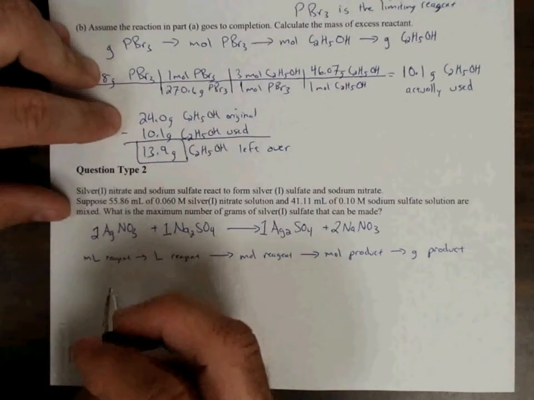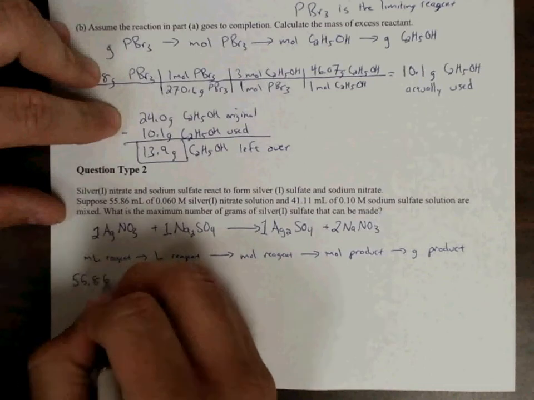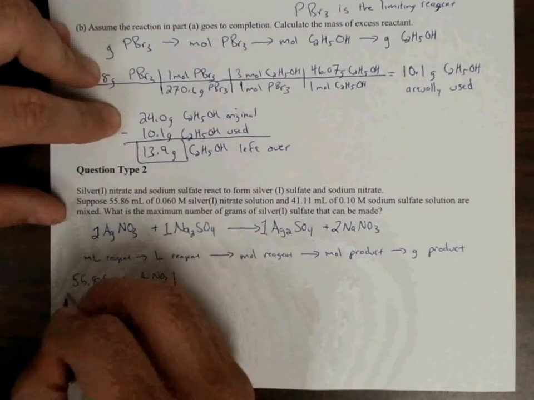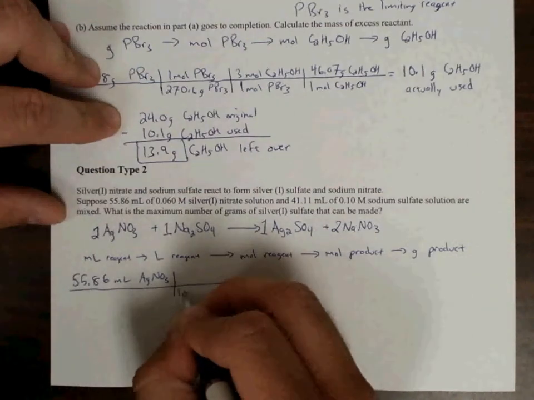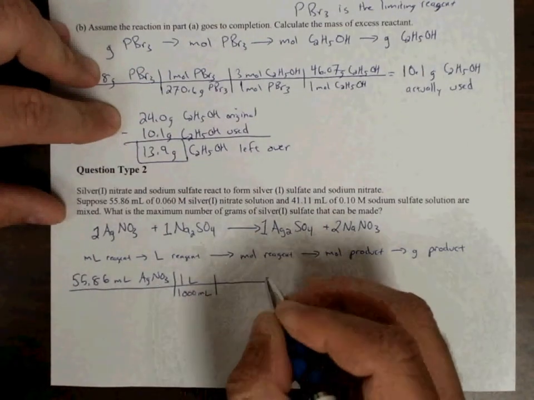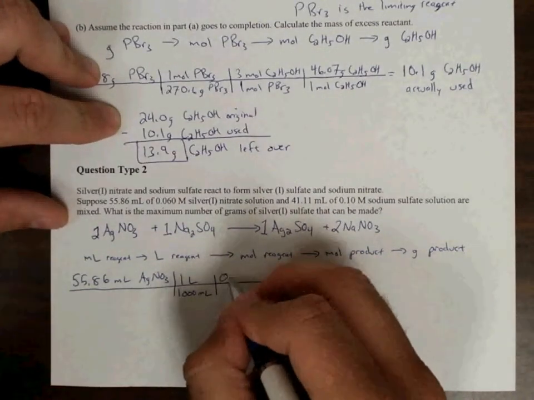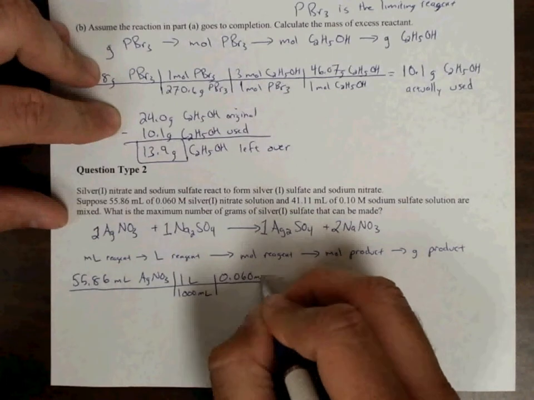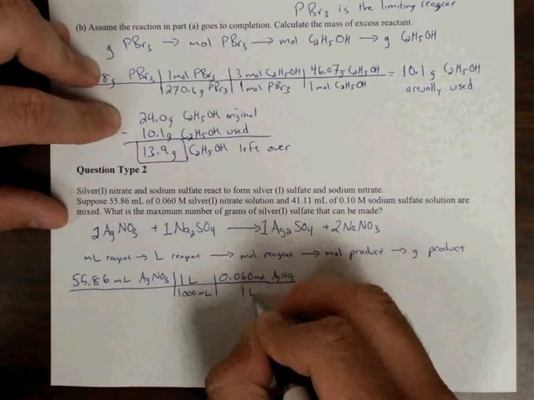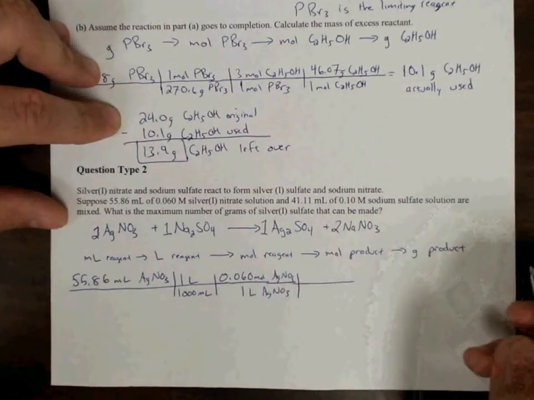Okay, so we're going to set this up. I'll do the silver 1 nitrate first. 55.86 milliliters of AgNO3. There are 1,000 milliliters per 1 liter, and that's going to be AgNO3, and we'll multiply by 0.060 moles of AgNO3 per 1 liter AgNO3.